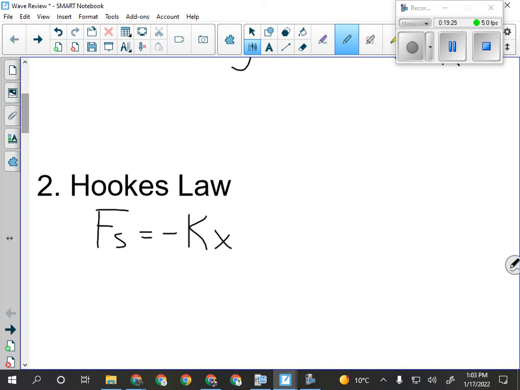And F is always going to be in the opposite direction of X. That's why the negative is in that formula. So if I compress a spring by pushing it to my right, the spring is going to push to my left. That's what the negative will make sure that we get in that kind of a problem. There is a Hooke's law problem in the written.